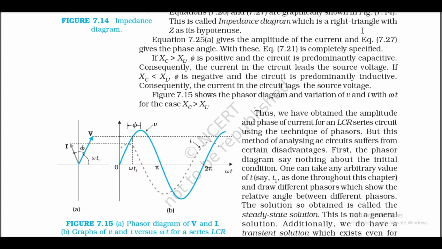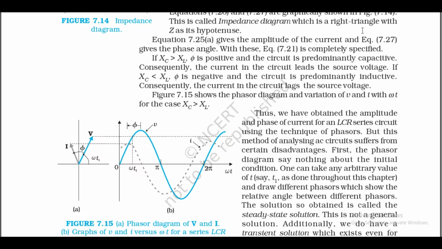Consequently, the current in the circuit lags the source voltage. Figure 7.15 shows the phasor diagram and variation of V and I with omega t for the cases Xc greater than Xl and Xc less than Xl. Thus, we have obtained the amplitude and phase of the current for an LCR series circuit.